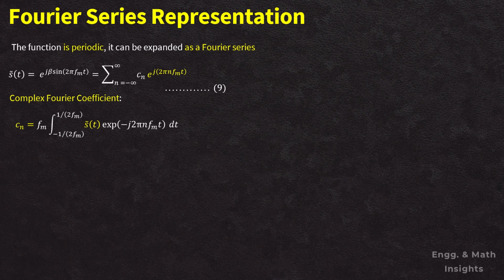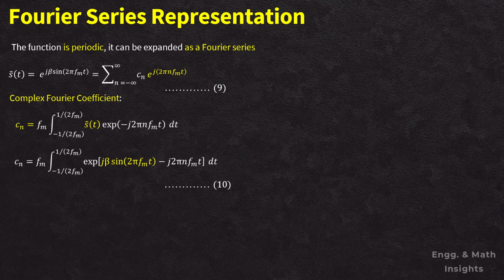Then the expression of the complex Fourier coefficient can be written as cn is equal to fm integration from minus 1 by 2 fm to 1 by 2 fm of e to the power j(beta sin 2 pi fm t minus 2 pi n fm t) into dt. Identify this as equation number 10.